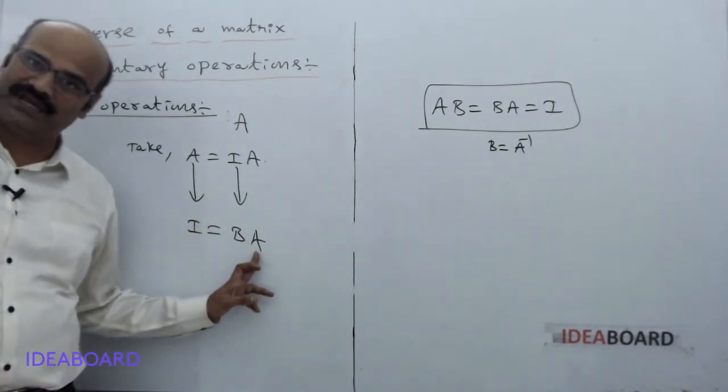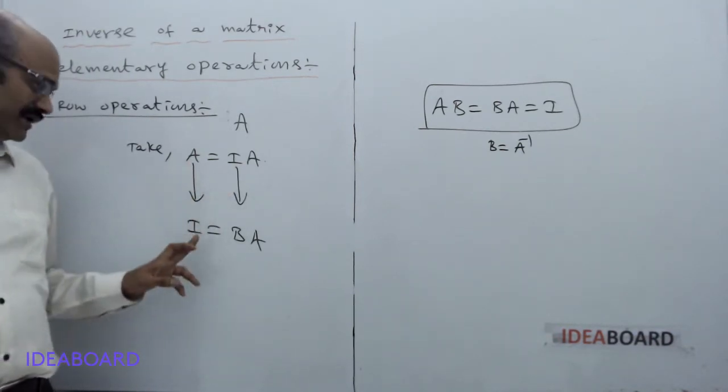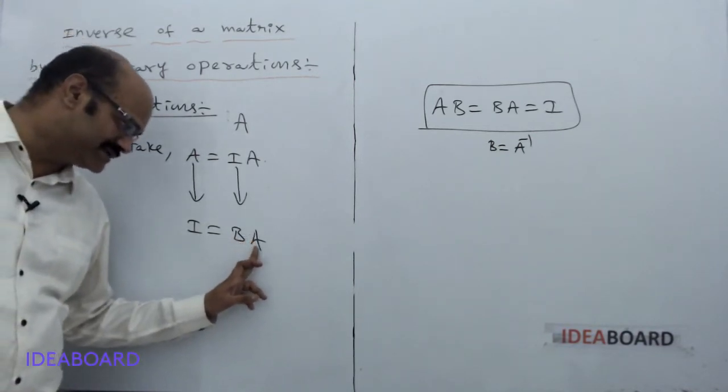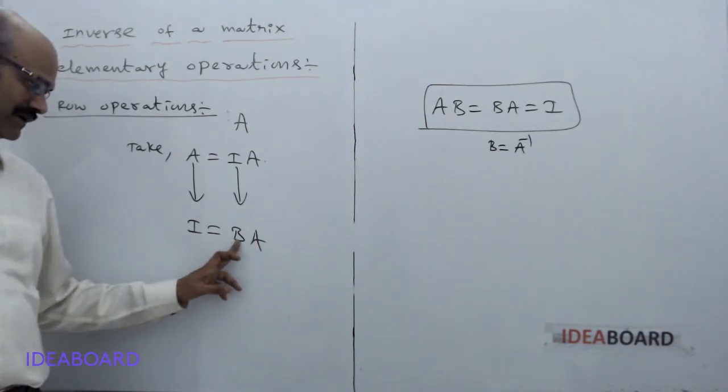Till we get I equal to BA, we have to apply the 3 row operations. Then we say that this B is said to be inverse of the matrix A.